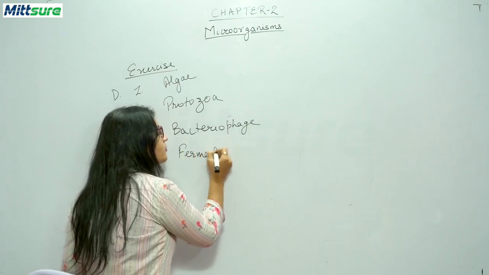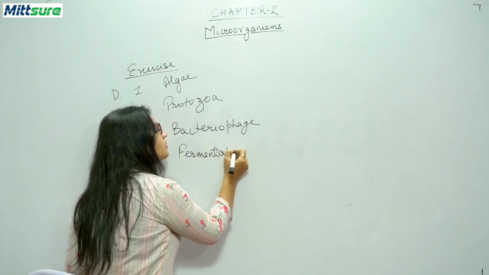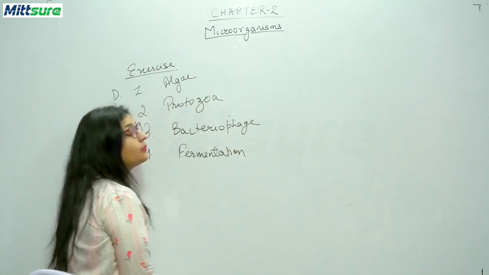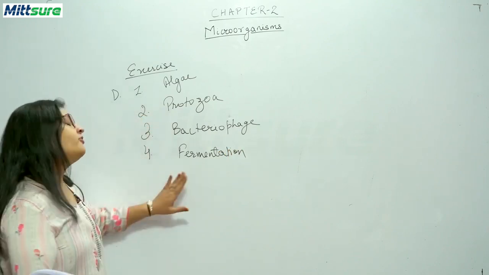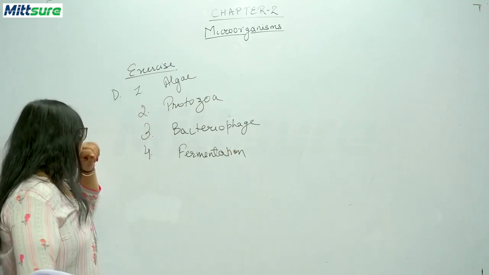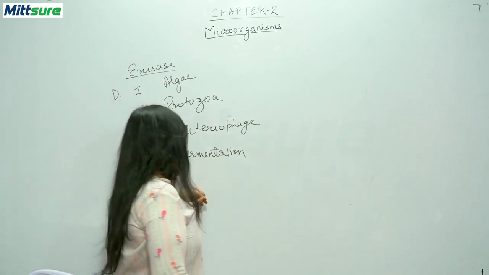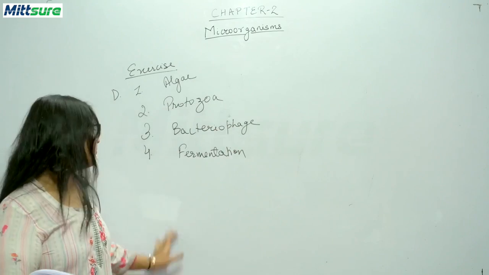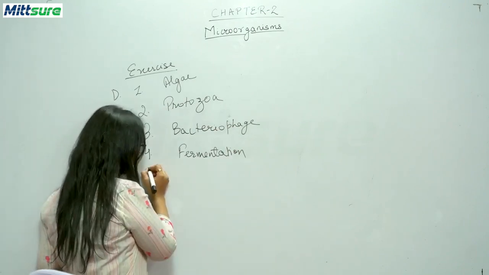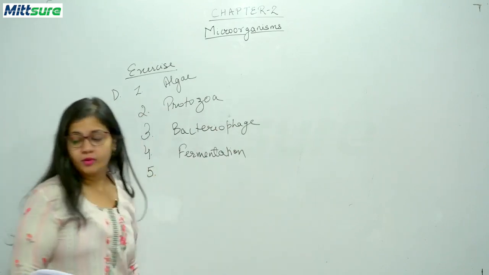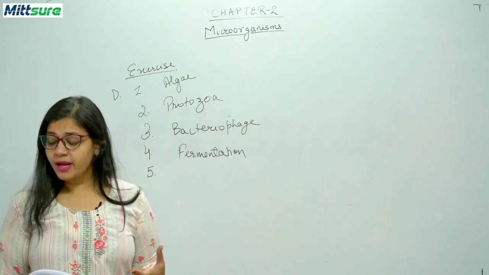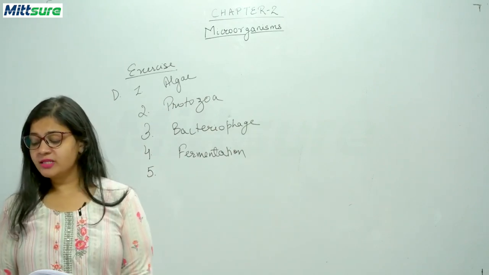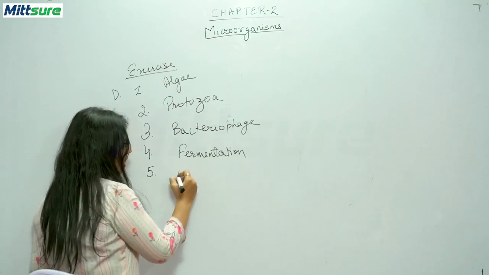This is the process where sugar is converted into alcohol by fermentation and by the action of this brewer's yeast. Fifth one, disease caused by biting of female Anopheles mosquito is malaria.